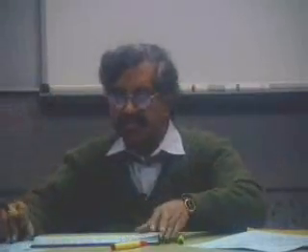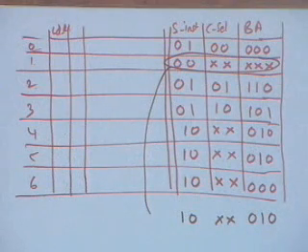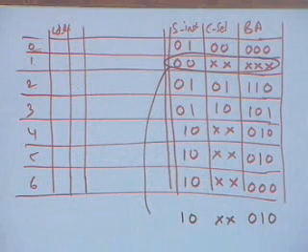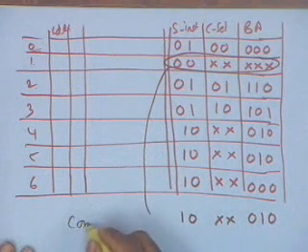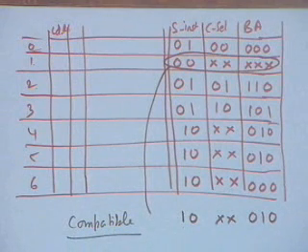The second thing is, if you complete this microprogram, you will find there are lots of columns which are compatible. There could be columns which are identical, and there could be columns which are compatible.